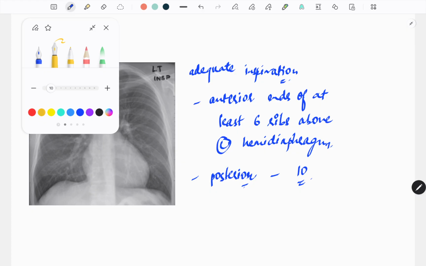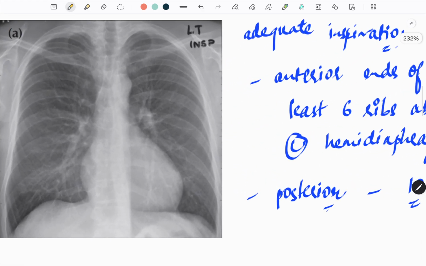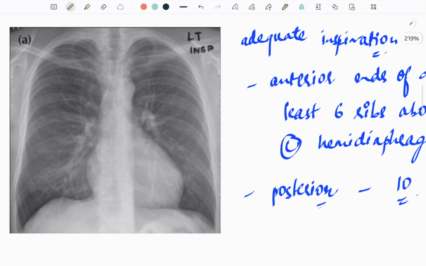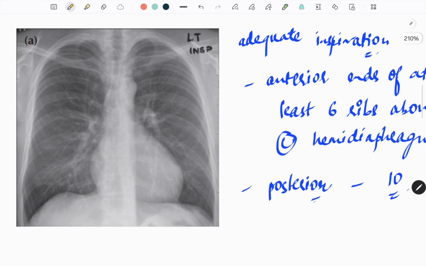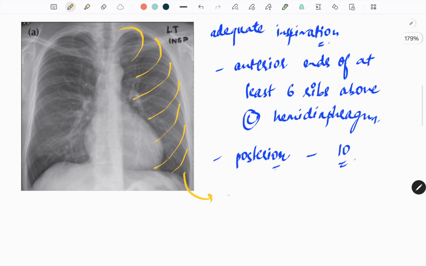Now we'll see how to see these ribs. So this is the anterior end. 1, 2, 3, 4, 5, 6, 7. So this X-ray is adequate.